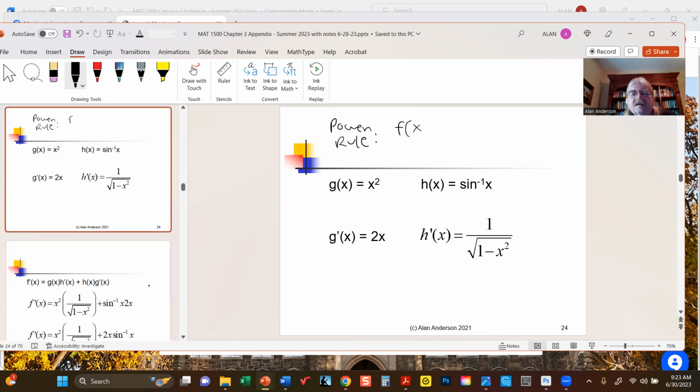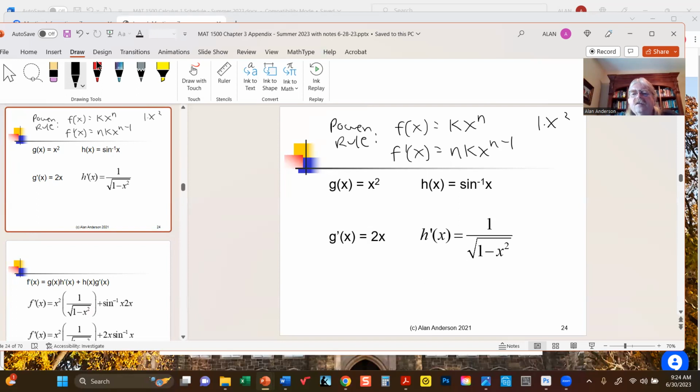If f of x is, once again, k x to the n, f prime of x is n k x to the n minus 1. And in this example, x squared rather. Remember, there's an implicit 1 here.